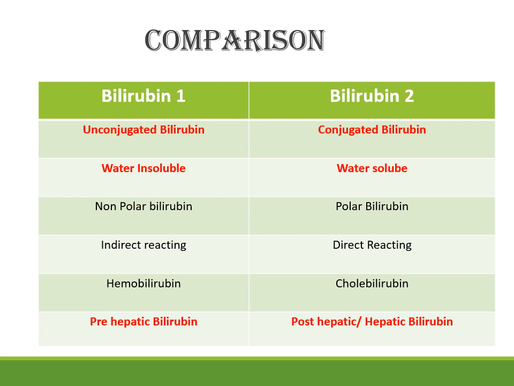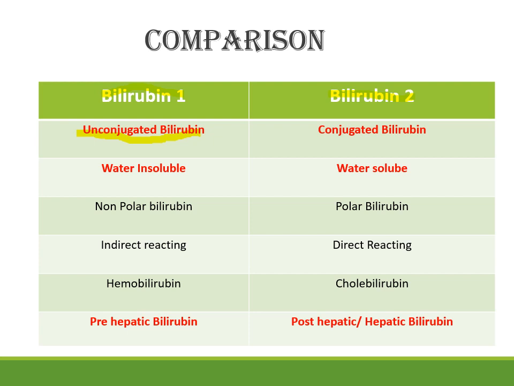Okay, so I have here a table which will compare the two major types of bilirubin: your bilirubin 1 and your bilirubin 2. Again, bilirubin 1 is referred to as the unconjugated form of bilirubin.